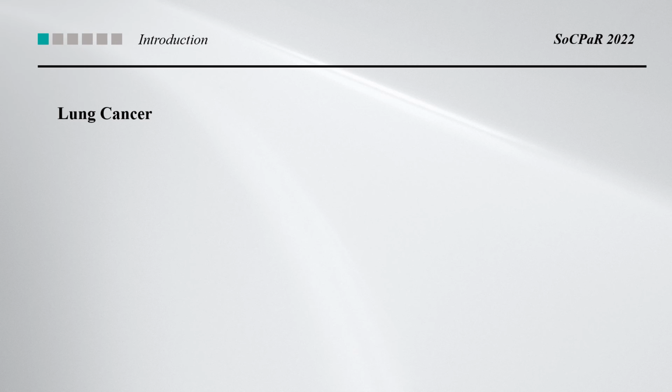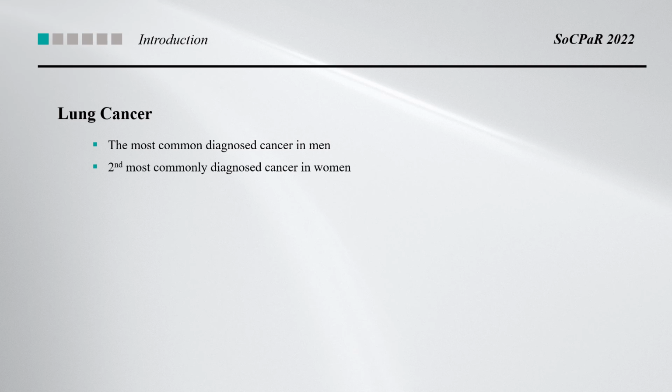Lung cancer stands as the most common type of cancer in men and has second rank in women worldwide. Moreover, because of the risk factors that affect the respiratory system and its mortality rate, lung cancer is the most lethal type of cancer.